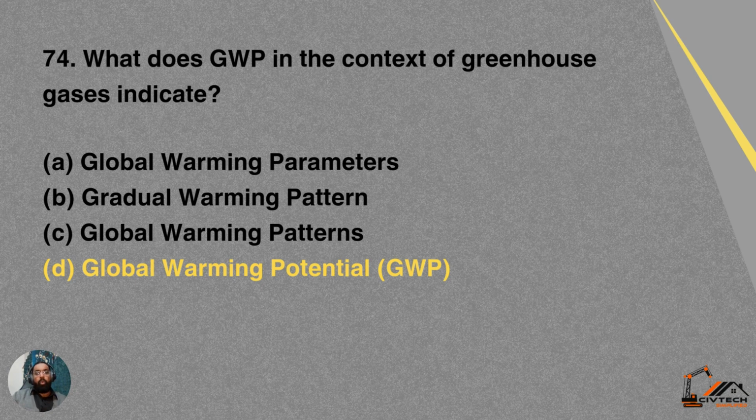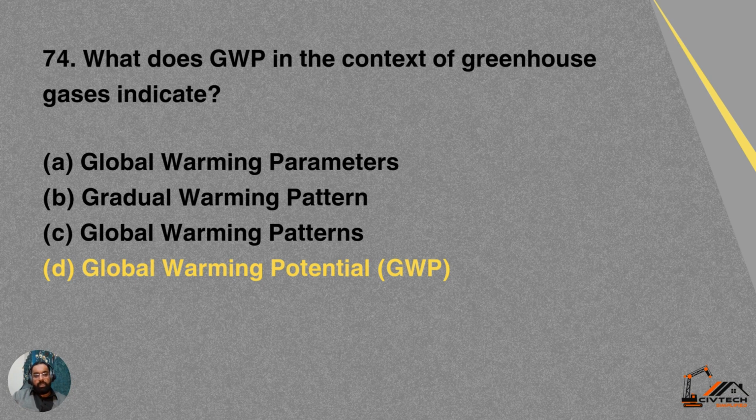Question 74. What does GWP in the context of greenhouse gases indicate? Option A, global warming parameters. Option B, gradual warming parameters.